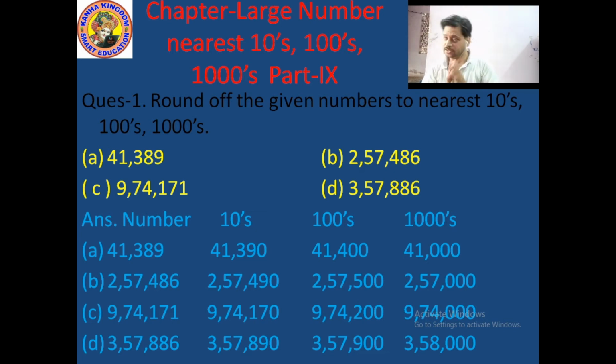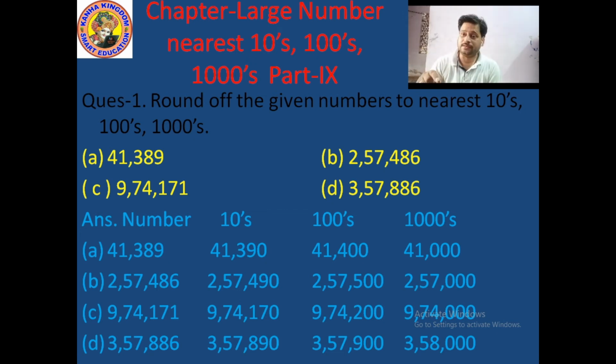9,74,170. Clear it? Now the nearest 100 of this number. Same question, 9,74,171, and you have to find the nearest 100. In nearest 100 we check the tens place and the 100 place. Which digit is in the tens place? 7 in tens place.